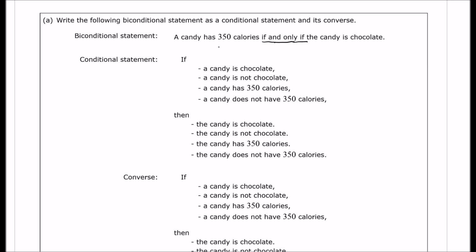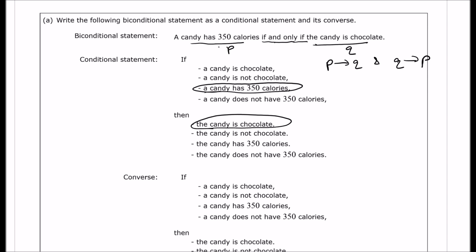So this is statement P and this is statement Q. You want to write it as P implies Q and Q implies P. So P implies Q is: if a candy has 350 calories, then the candy is chocolate. So that's the original conditional.